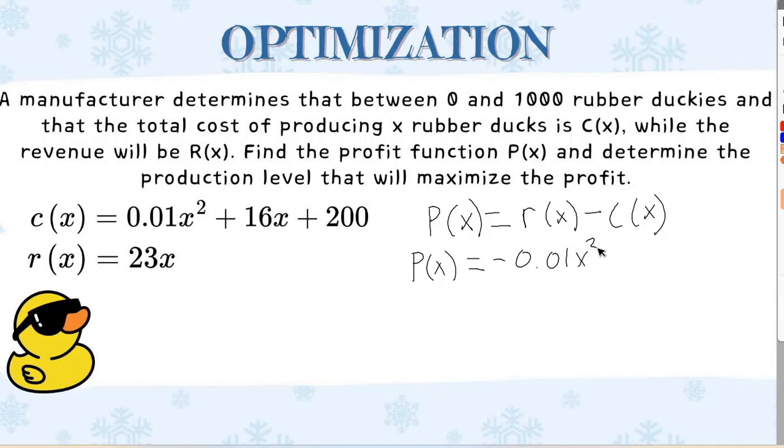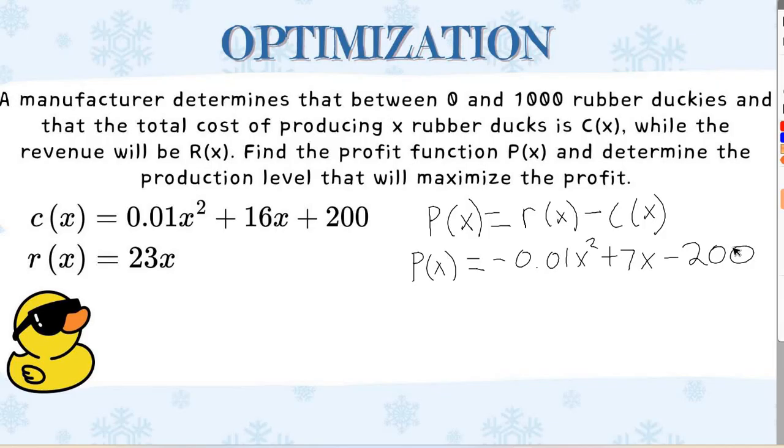And then we have 23x minus 16x gives us 7x, and then minus 200. Yes, no, maybe? Yeah, okay with that? Okay.